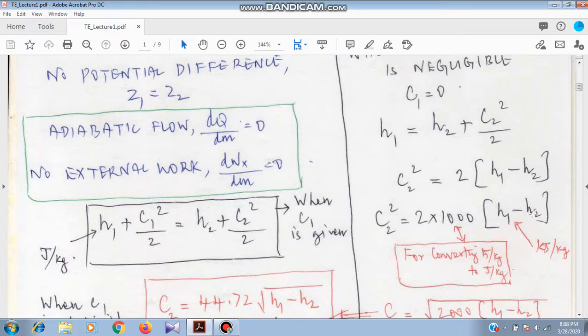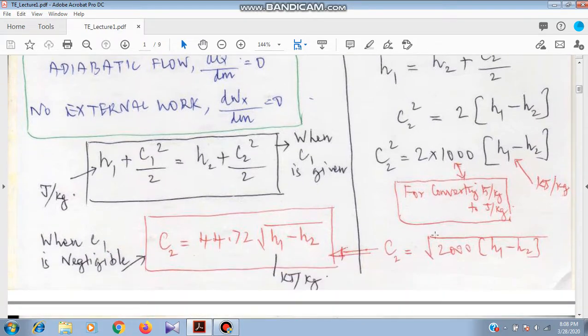You substitute h1, h2 in kilojoule per kilogram, and for converting that kilojoule to joule, you multiply the equation by 1000. So this c2 is root of 2000 (h1 minus h2). Root 2000 is 44.72, so c2 is 44.72 into root of (h1 minus h2). So we got two equations, both are the same. The first one is useful when c1 is given, and the second one is useful when c1 is negligible.